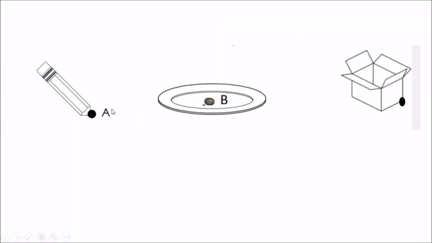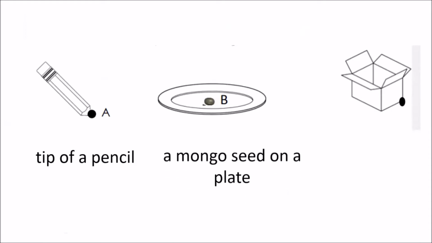The tip of a pen or of a pencil represent a point. A mango seed on a plate represent a point, and a corner of a storage box represent a point. This is an idea or suggest about a point.